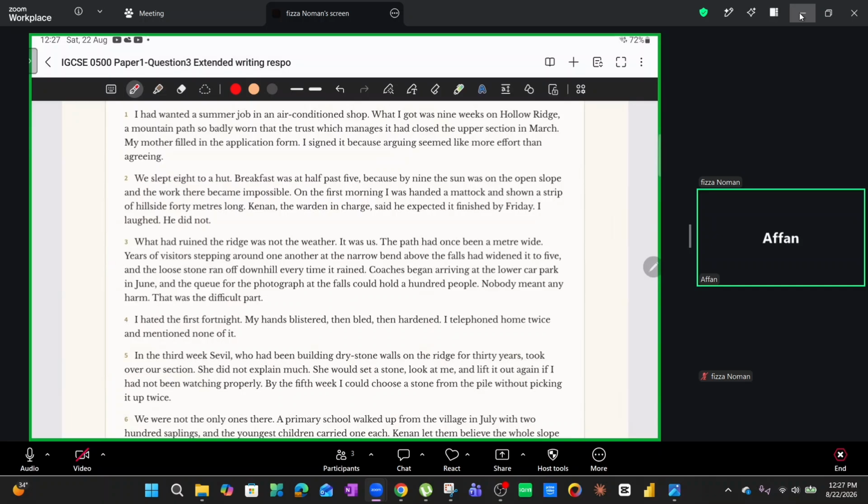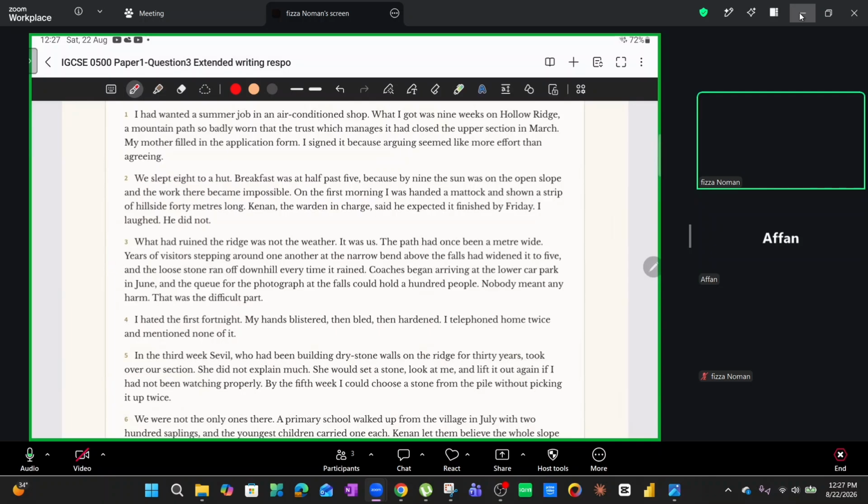Breakfast was at 5:30 because by 9 the sun was on the open slope and the work there became impossible. On the first morning I was handed a mattock and shown a strip of hillside 40 meters long. Kanan, the warden in charge, said he expected it finished by Friday. I laughed. He did not.